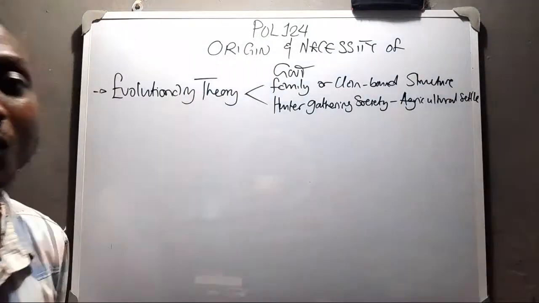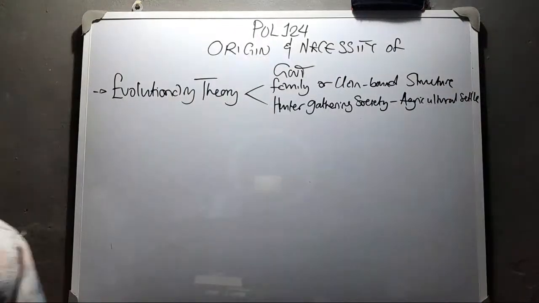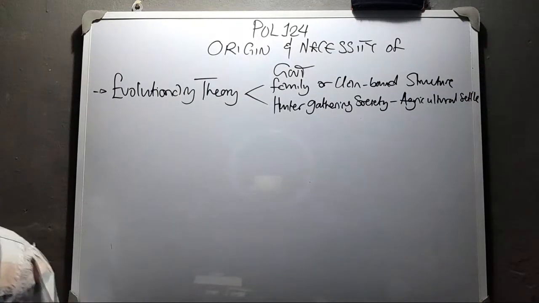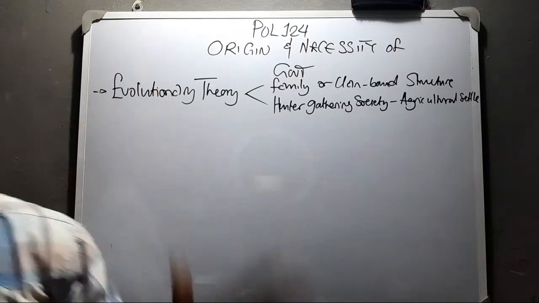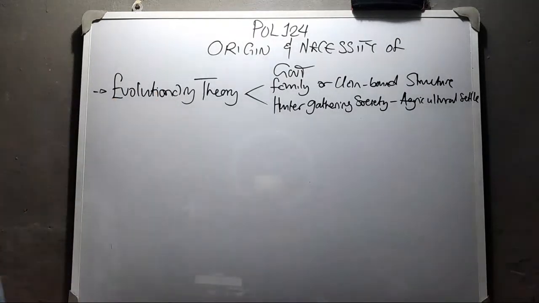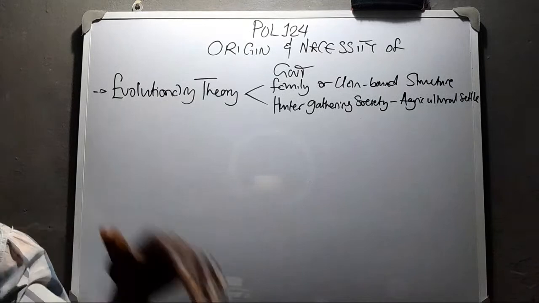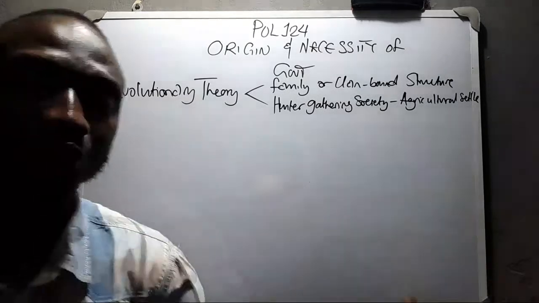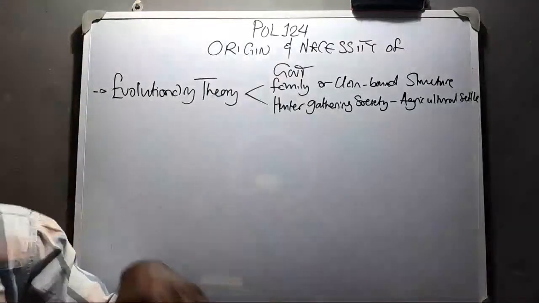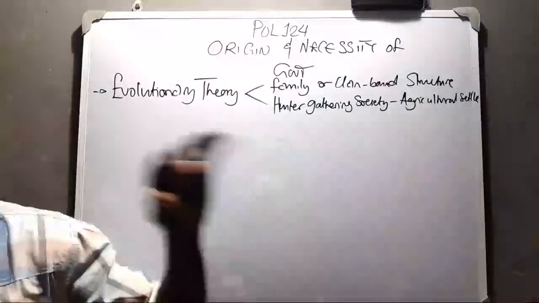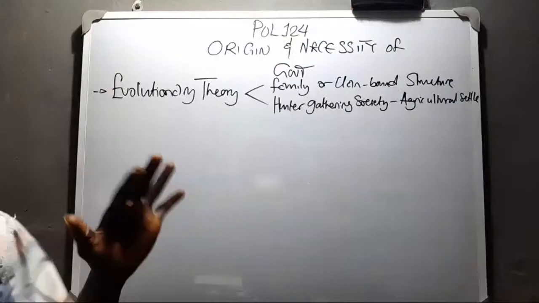Now, when we say evolution, as I explained in our psychology class, evolution simply means the process involved in the transformation or changes of a particular phenomenon. That is what we refer to as evolution.